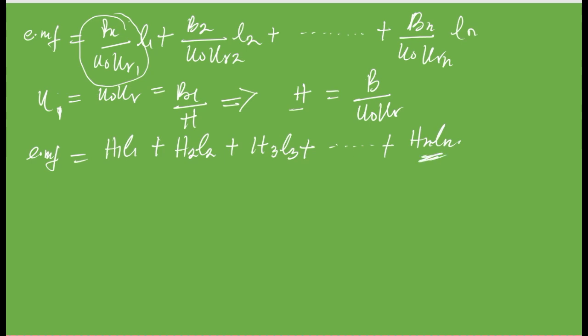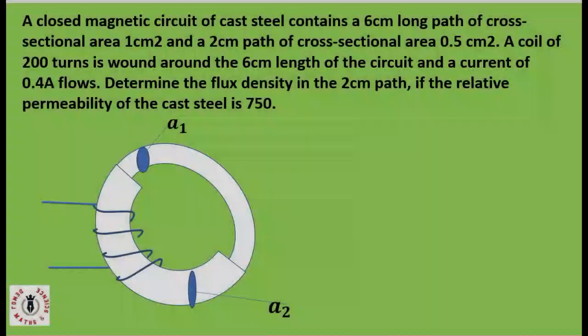That said, let's see an example that can help us understand it better. The example says: a closed magnetic circuit of cast steel contains a 6 cm long part of cross-sectional area 1 centimeter square and a 2 cm part of cross-sectional area 0.5 centimeter square.